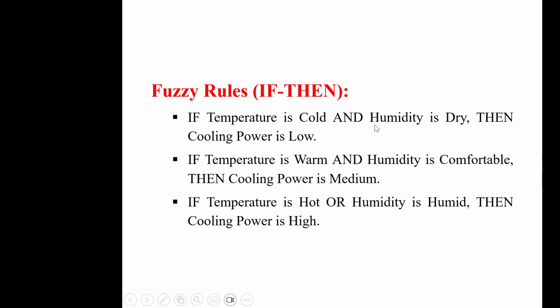But let us assume that humidity is not dry, but is humid, meaning that this one is 0. Let us assume that temperature is cold, that is 1. 1 and 0, because this one is false, we give false. Knowing fully well that 1 and 0 is 0. So that is that.